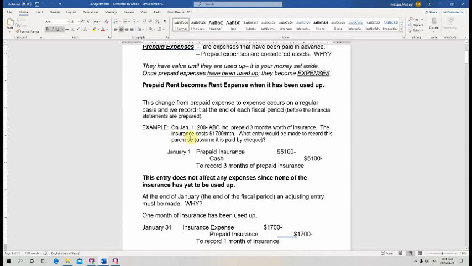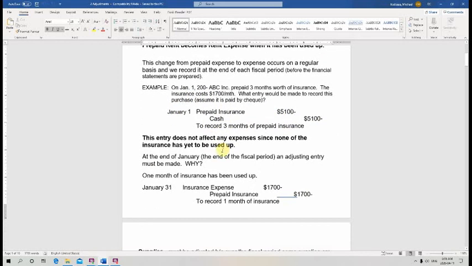So on January 1st, we're going to debit prepaid insurance for $5,100, and we're going to credit cash for $5,100. Now, this isn't an adjustment. This is just the purchase of the prepaid insurance. So this doesn't affect any expenses since none of the insurance has been used up yet.